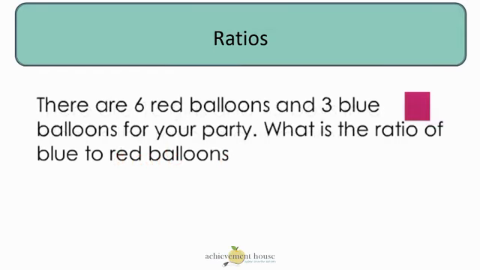There are 6 red balloons and 3 blue balloons for your party. What is the ratio of blue to red balloons? So we have 3 blue balloons, 6 red balloons. So the ratio of blue balloons to red balloons can be written as 3 to 6.